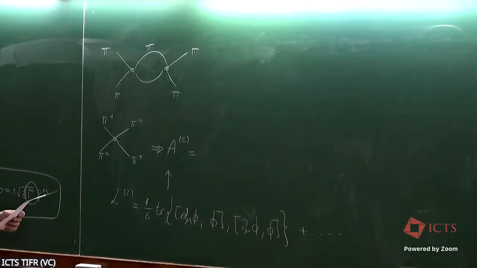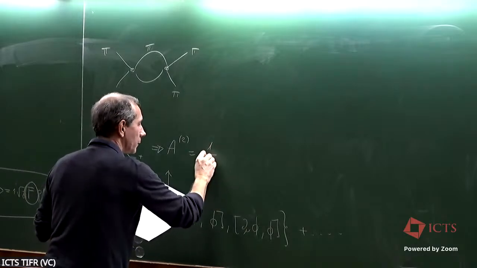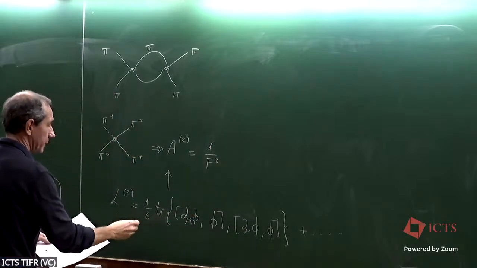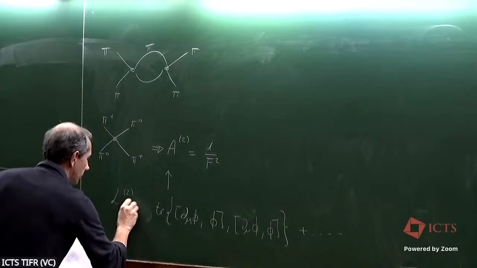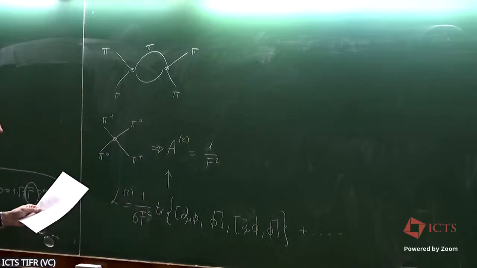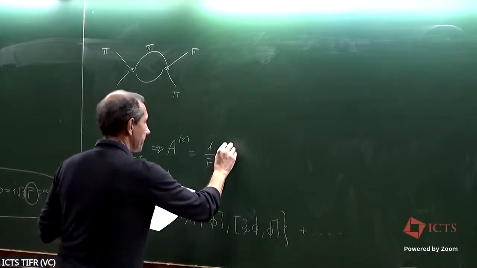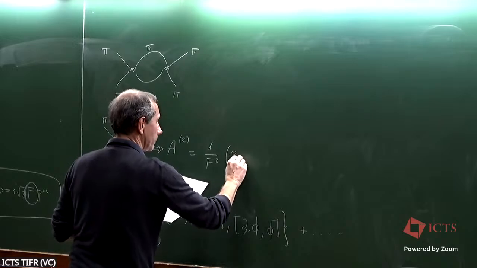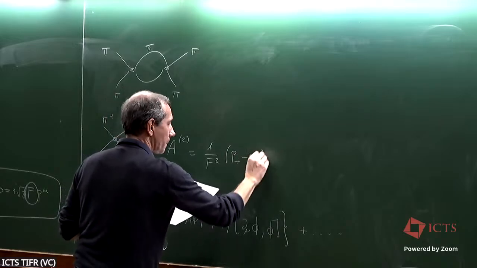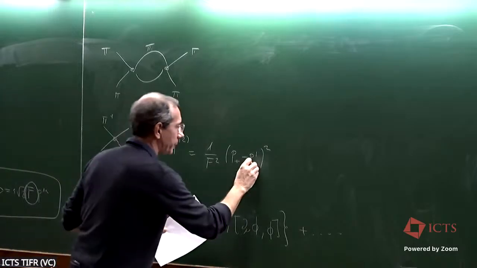And then you compute your amplitude, and you get for pi plus pi 0 go to pi plus pi 0, one over pi squared, very simple, nice result, that, as expected, has all the properties you would expect.